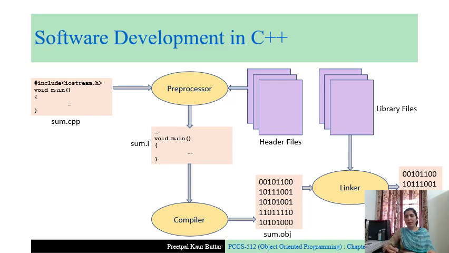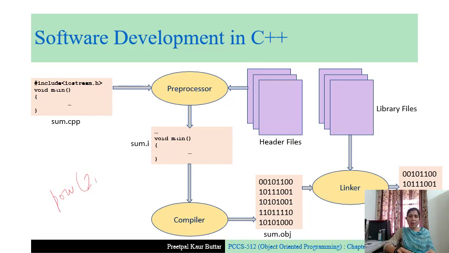The program which we write might contain some predefined libraries. For example, if you are writing a program to obtain the power of a number, there is a predefined library function pow.